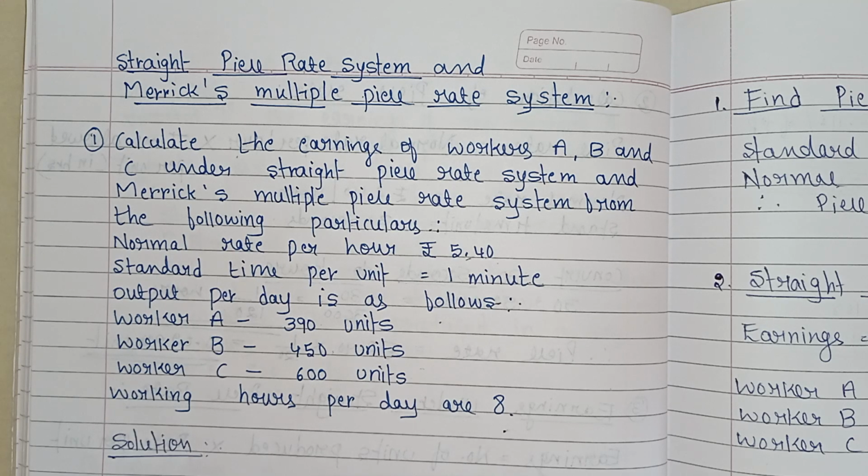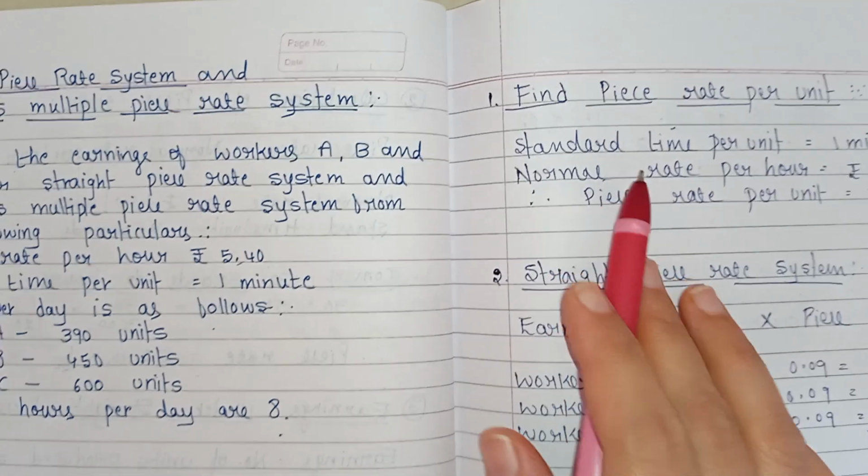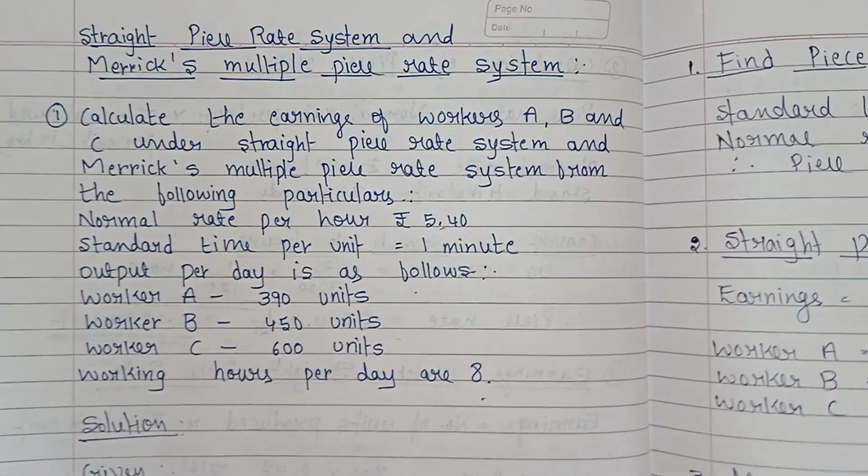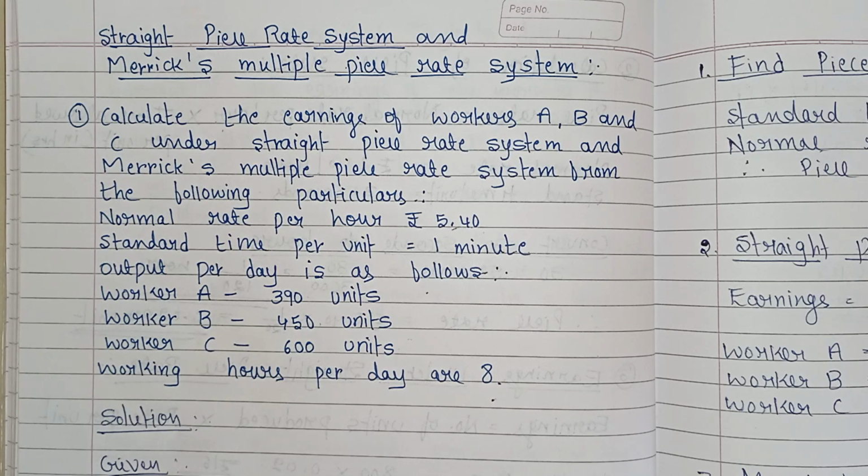So for that we need to calculate the piece rate per unit. First we need to calculate the piece rate. For that we need to convert the minutes into hours, right? Because here the normal rate per hour they have given in hours. So standard time also we need to convert it into hours.